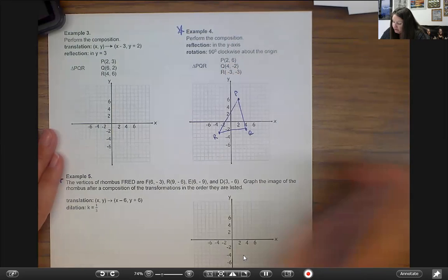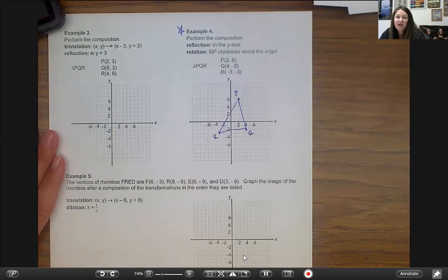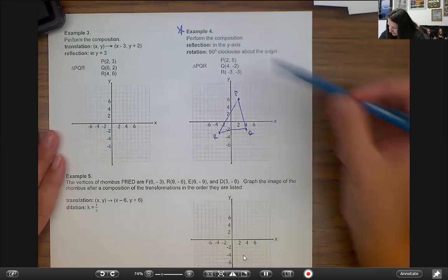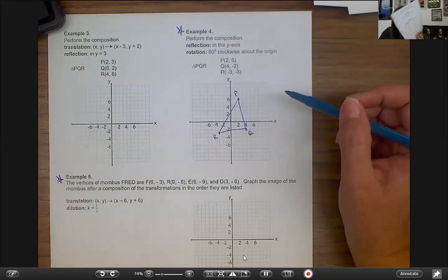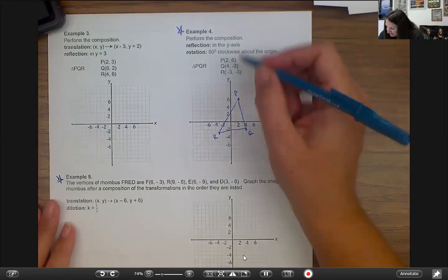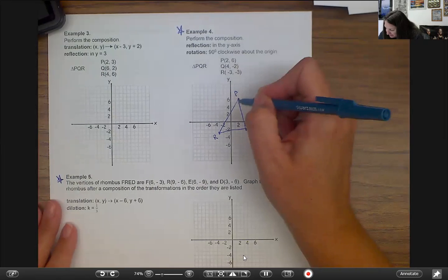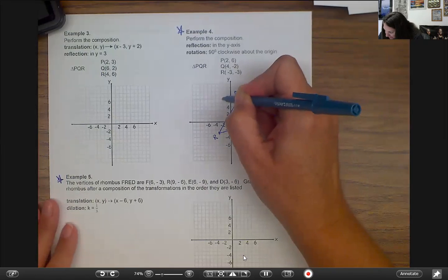Now, we're going to reflect first across the y-axis. I do have coordinate rules for that y-axis reflection, but I can also see it on the graph itself. If I reflect, P is going to flip over the y-axis. Right now it's 2 units away from the y-axis, so it's moving 2 units over here.